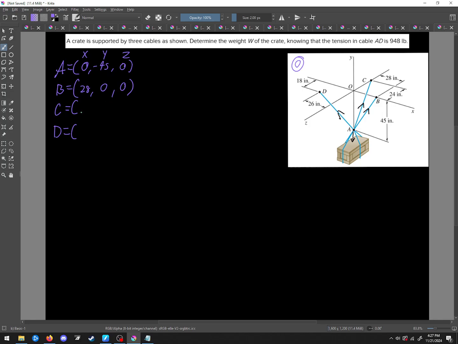Point C, it looks like it's going to be 0X, 0Y, and negative 24Z. And point D is going to be negative 26X, 0Y, and 18Z.